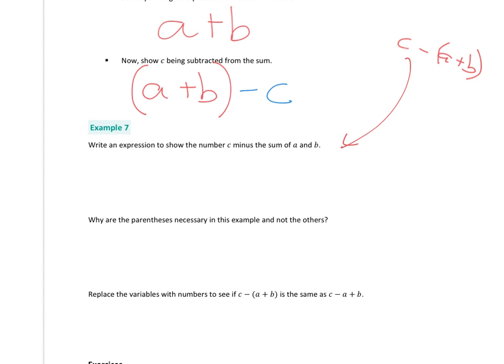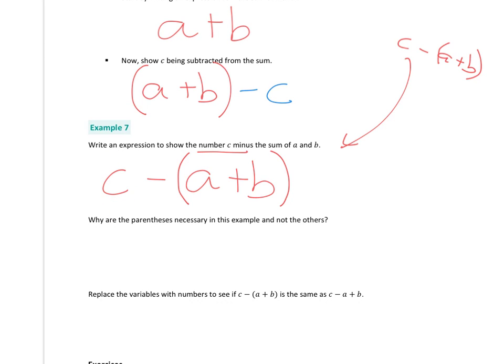So this is the number C minus the sum of A and B. A plus B. And this has to be in parentheses because, just like I said, if that's not in parentheses, then we're not actually going to add that together. If this isn't in parentheses, then we don't have to do this first, so it's actually C minus A, and then adding the B. We want to find the sum of A and B, and then take that whole thing away from C.